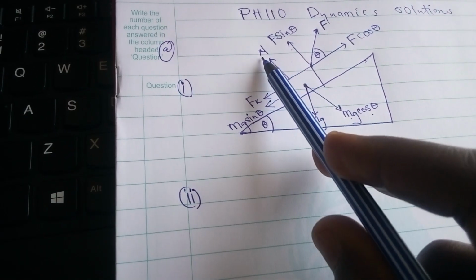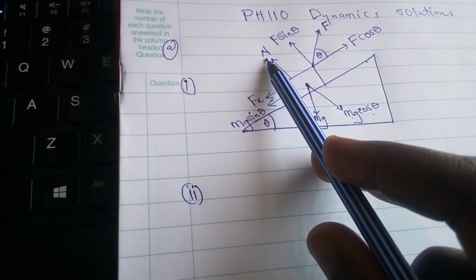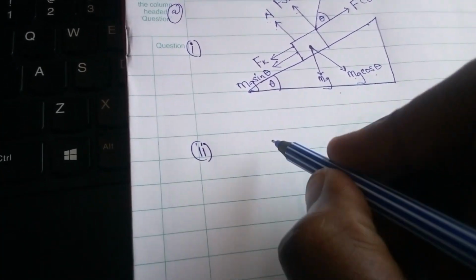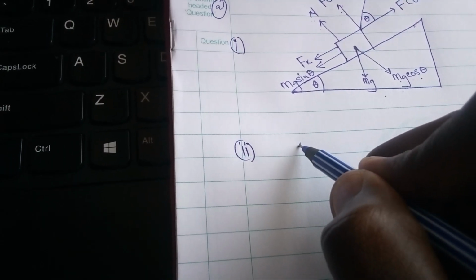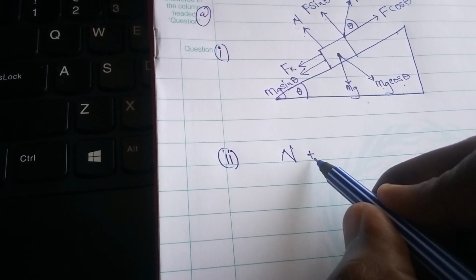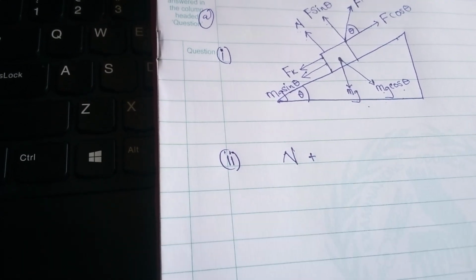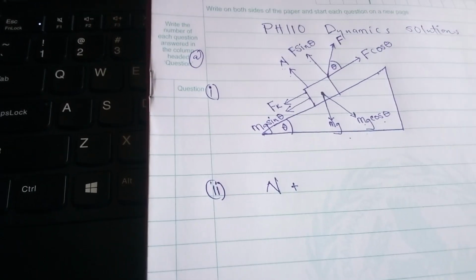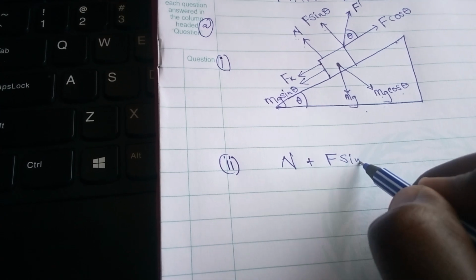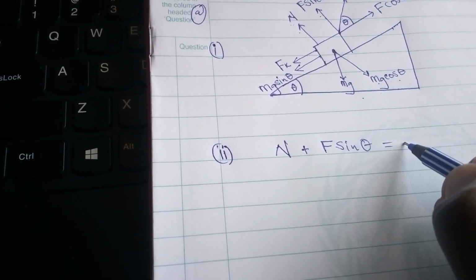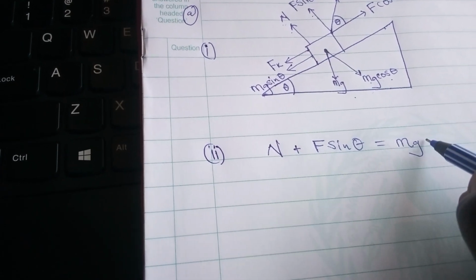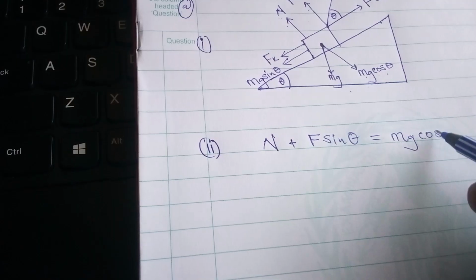So the normal force plus, and the reason why I've put plus is because they are going in the same direction, F sin theta, is equal to mg cos theta.